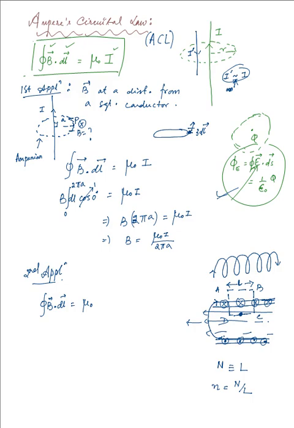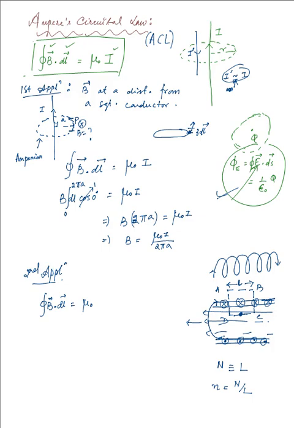So what we do is, for a single loop you will be getting one value of the magnetic field, and for n number of turns you will be getting n times the magnetic field, as we have learned earlier. So how many turns are exactly there within that small length l that you see?